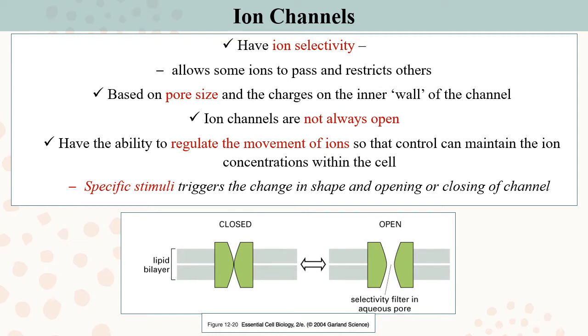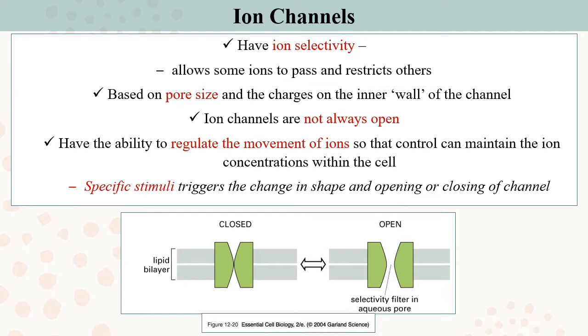Ion channels are highly selective in nature. They allow some ions to pass and restrict the others. For a specific type of ion, there is a specific type of channel. Based upon their pore size and the charge on the inner wall of the channel, they filter which ions go through the channel, and they are not always open.